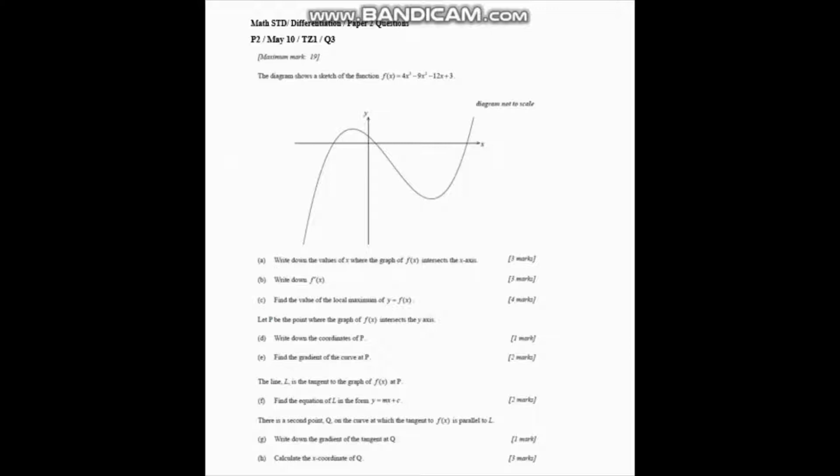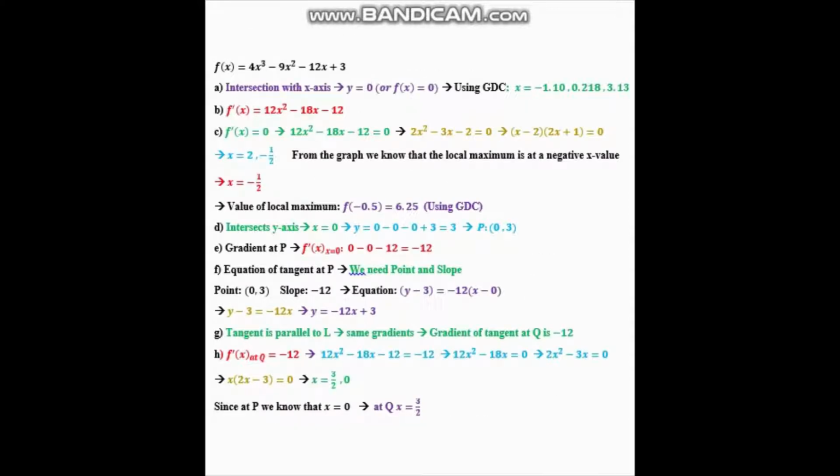Next, I'm required to find the value of the local maximum of y equals f of x. I do so by setting f dash of x to 0, because at the maximum point the slope is 0, or f dash is 0. Hence I solve this red equation which I obtained in B, equaling it to 0. This is some simplification.